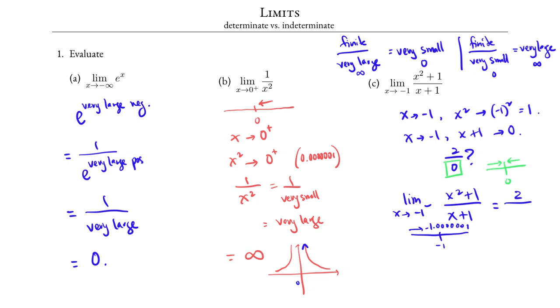If we take -1.00000001 plus 1, then it is very small, but remember that it's a negative number. And so this is a finite number over a very small number, which is a very big number, and it is negative, because a positive 2 over a negative number is negative.